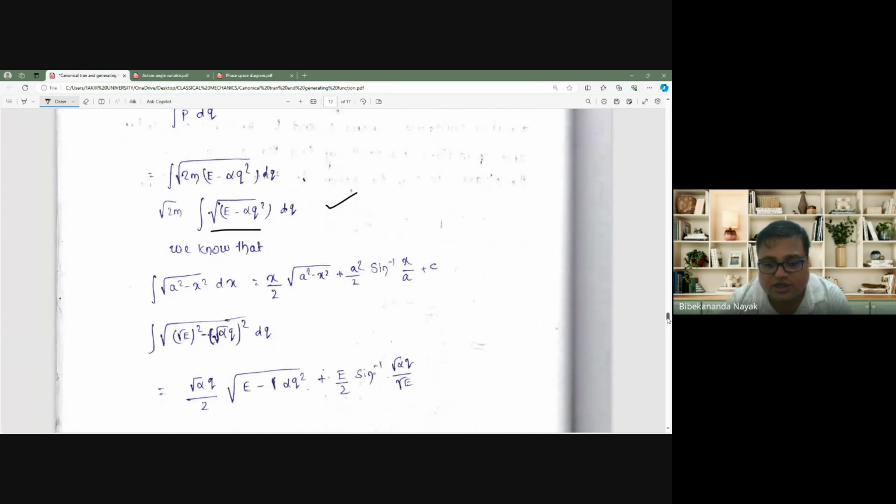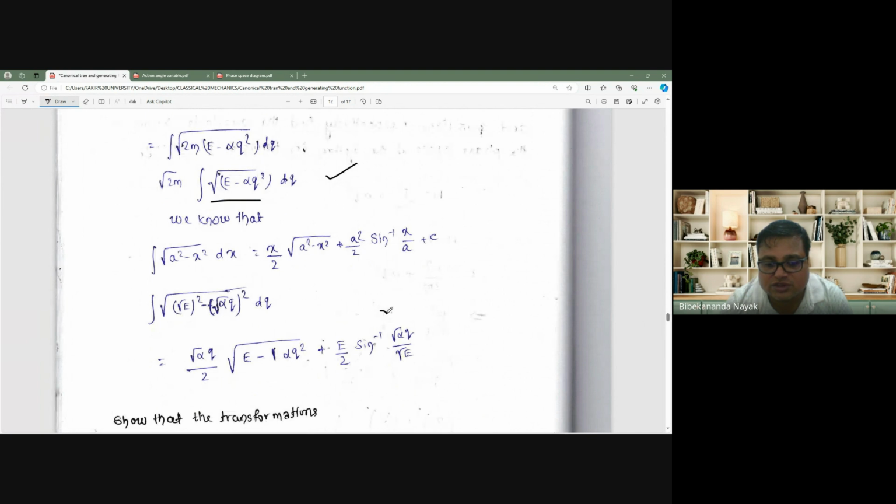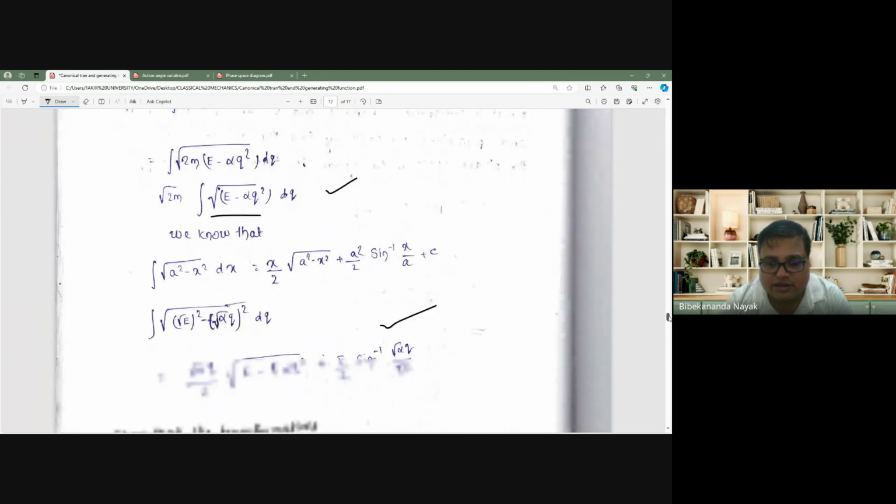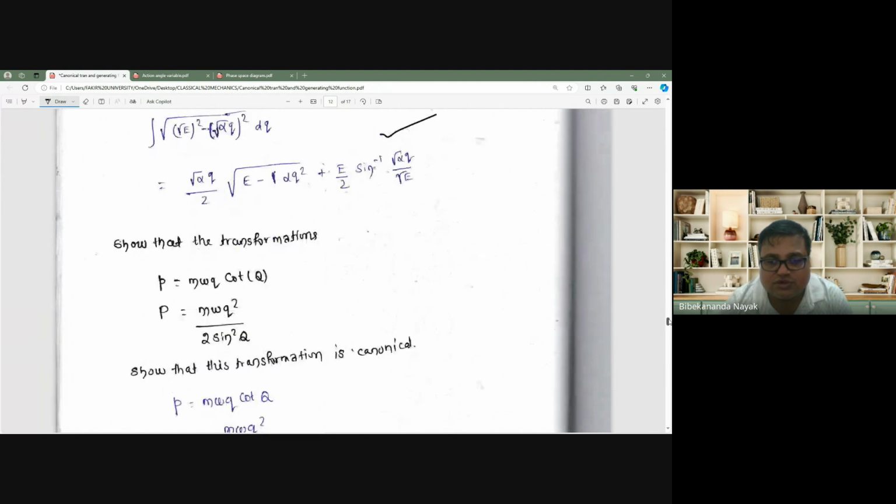So if you integrate, this integration gives you this. The area. The next question is important.